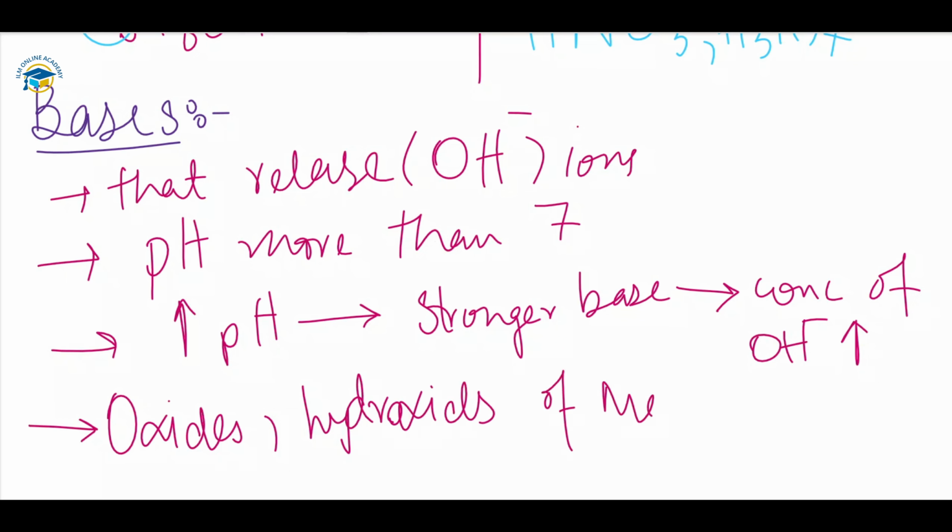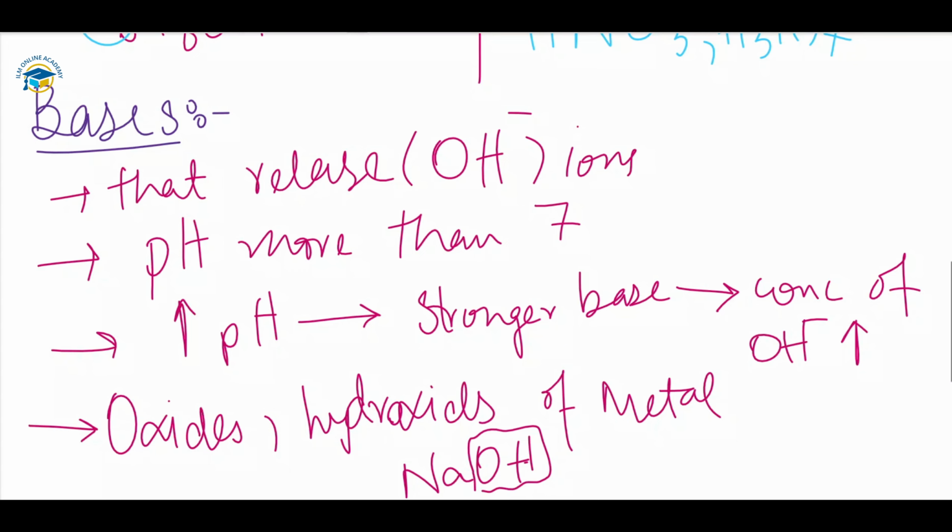Like I give you the example here, we have NaOH. Sodium hydroxide is a base, and this one is the hydroxide that is present with the metal. So hydroxide of a metal is a base, and oxide of a metal is also a base.